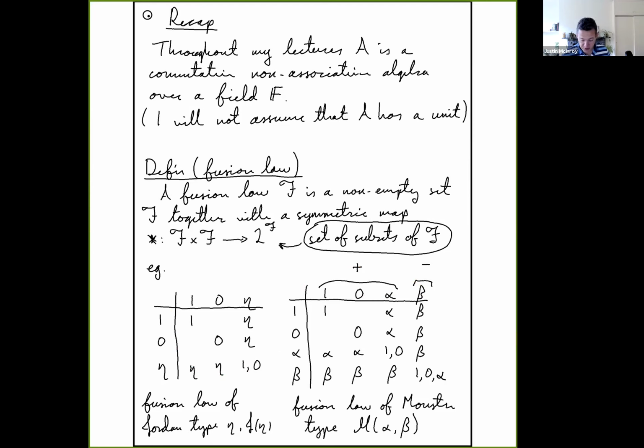The obvious morphism is to map it into the positive part here, but a more non-trivial morphism would be to map 1 to 1, 0 to 0, and this eta I could map to the beta here. Then eta times eta is 1 and 0, but beta times beta here is 1, 0, and alpha. So I would never see this alpha. I want to allow that morphism.